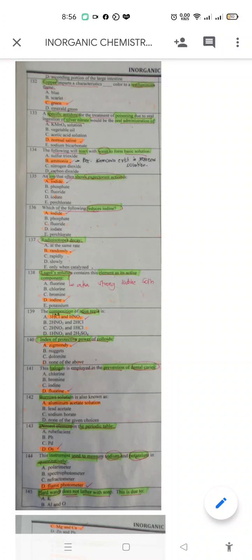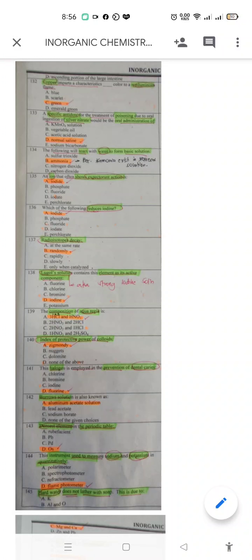Number 143, the densest element in the periodic table is your osmium, meaning it is the heaviest known substance. So, densest element or the heaviest in the periodic table is your osmium.